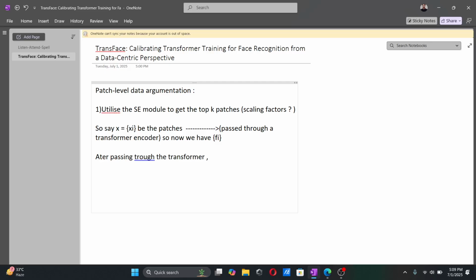Now after passing through the transformer, we pass this through the SE module.